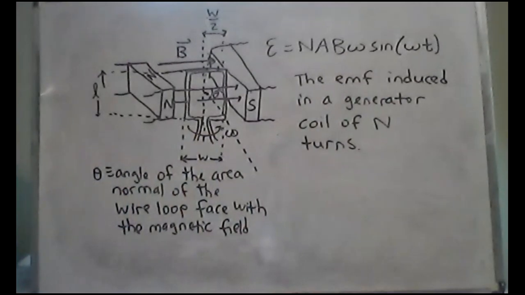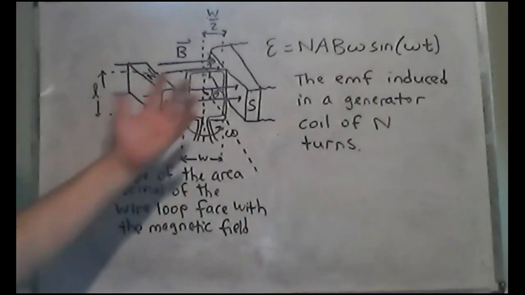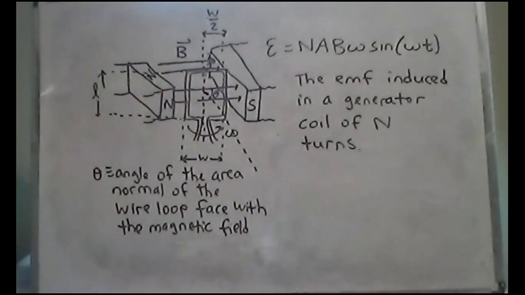The EMF induced, I mean, there is no battery located here. Literally, we're causing a loop to rotate in space with respect to the magnetic field. The individual electrons in these vertical segments of wire are experiencing the Lorentz force individually.